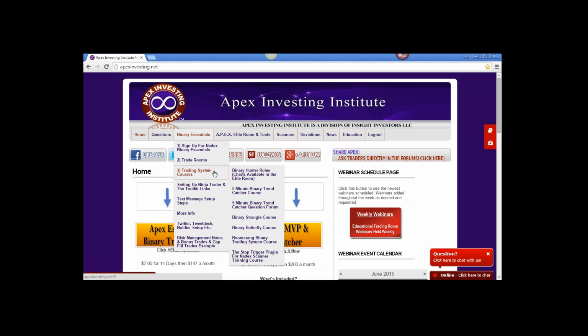Right there under that tab, when you go to training or trading system courses, these first two, Binary Hunter and 5-minute binary, we're going to talk about a little bit tonight. Those two sections will literally give you step-by-step walkthroughs of how we do those systems: everything from setting up charts, entry rules, exit rules, picking the right binary, how to take profits.